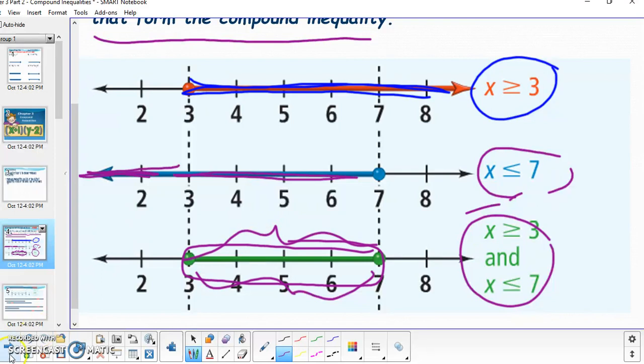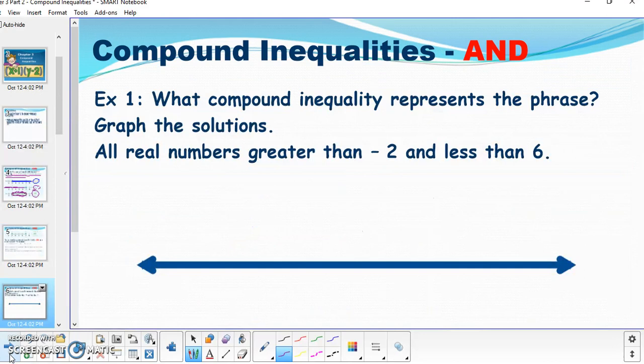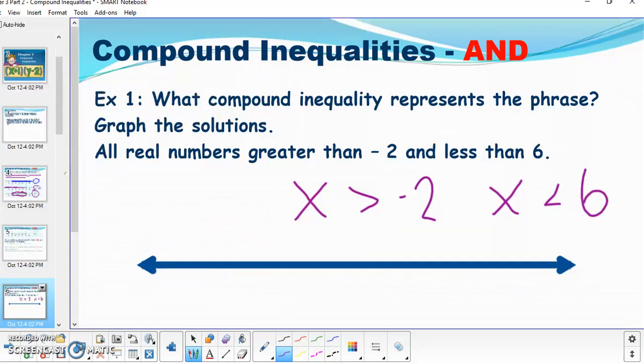So let's just do an example. All real numbers greater than -2 and less than 6. So remember, open circle when there's no equal sign underneath.